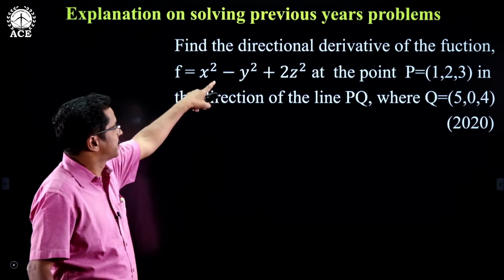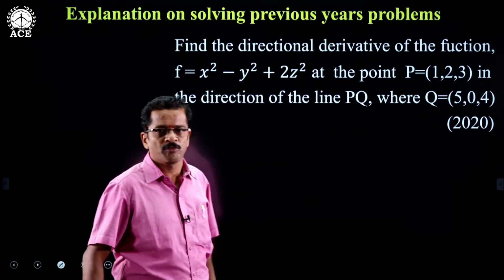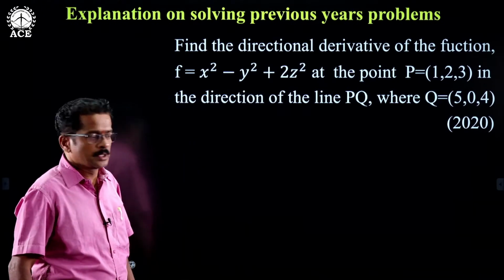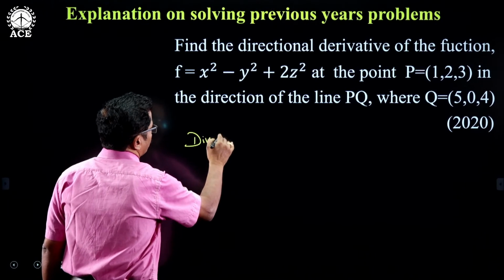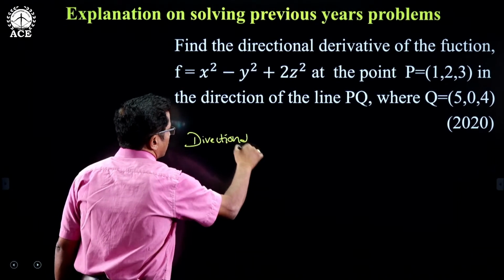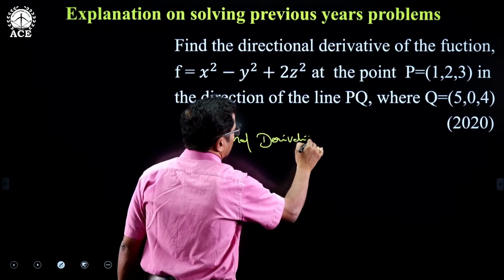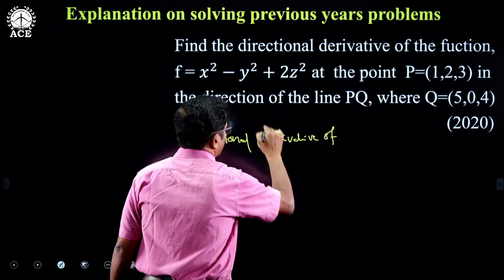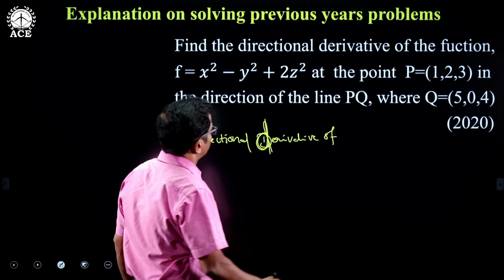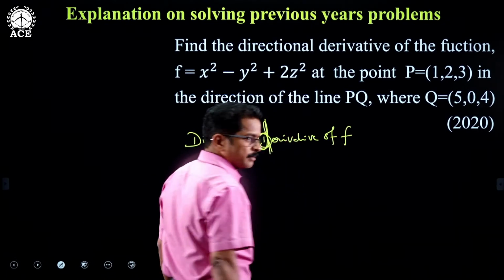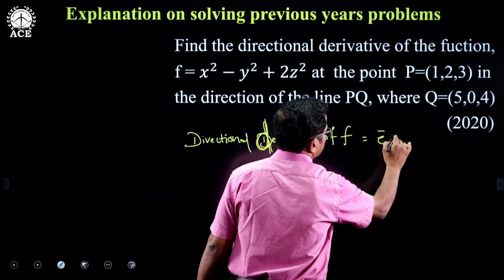So the directional derivative formula is: the directional derivative of f is equal to E bar dot del f.